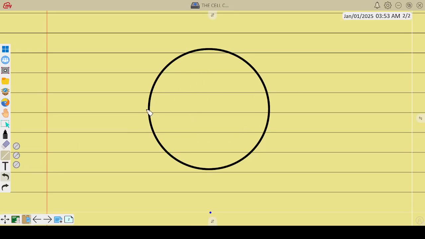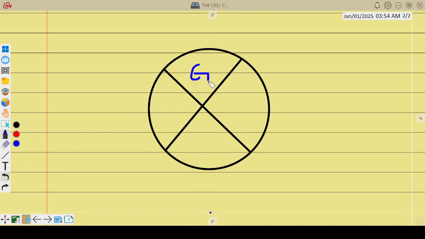So one thing you should remember is we have 4 things. This is like the entire cell cycle. In the cell cycle, we have gap 1 phase.